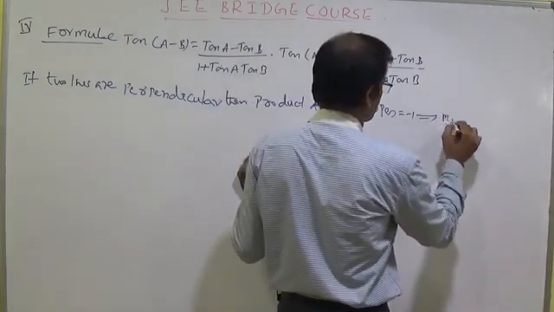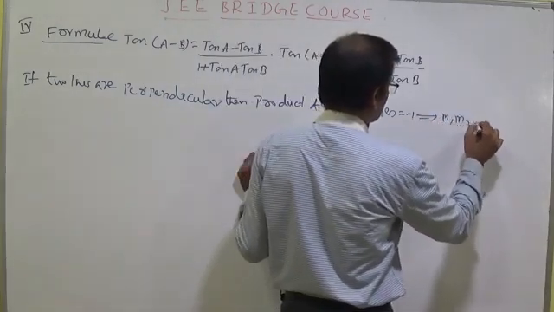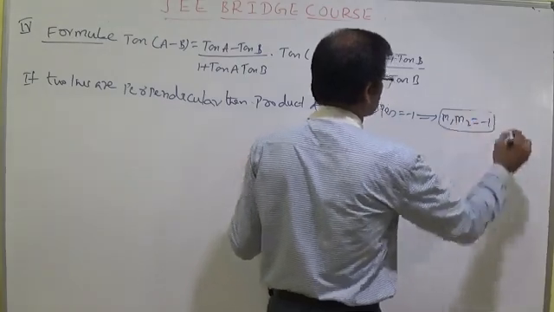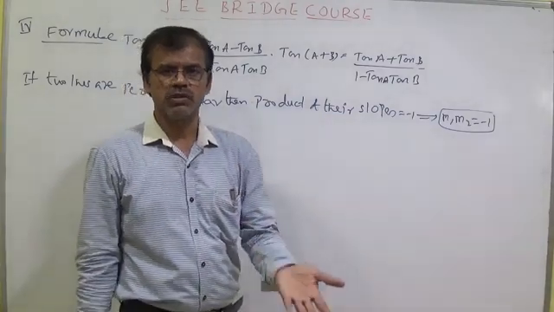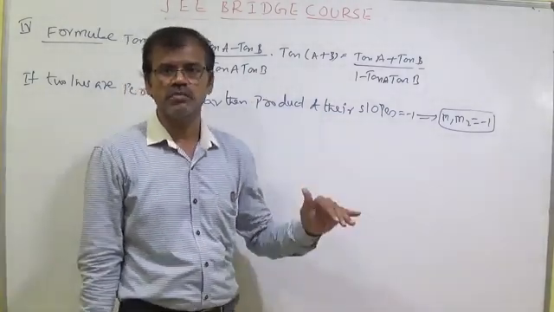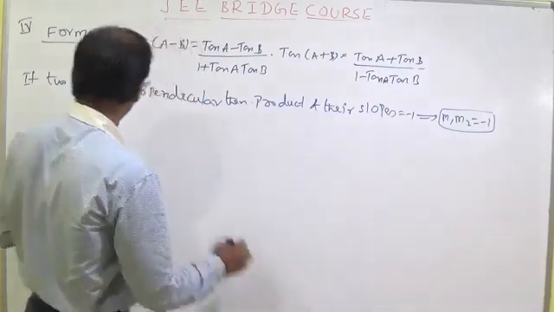That implies I want to prove here m1 m2 is equal to -1. Whenever m1 m2 equals -1, the two lines are said to be perpendicular, and whenever two lines are perpendicular, then m1 m2 equals -1.